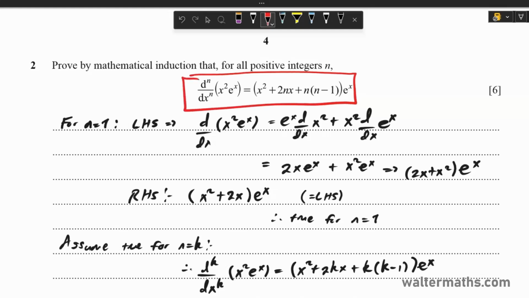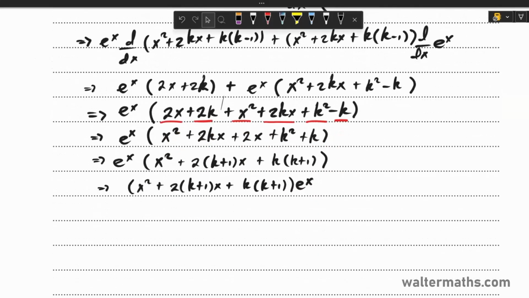Okay, if we put n back to where k plus 1 is all around, it will have the same value, right? So we can actually therefore say it's true for n is equal to k plus 1.